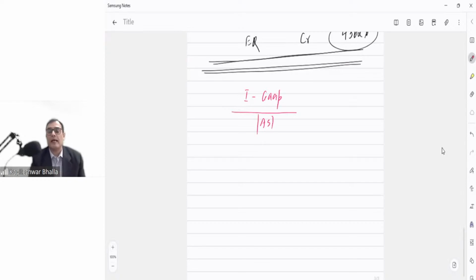And on the other hand, we've got Ind AS. Now you would say, so why are you telling us about IGAAP? Well, there are certain issues which were dealt differently in IGAAP and they are dealt differently in Ind AS. So it is very necessary to understand the logic.